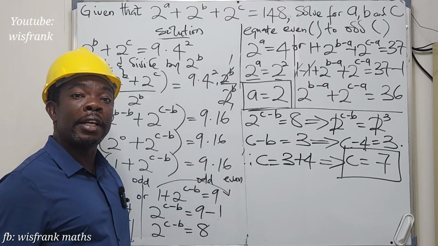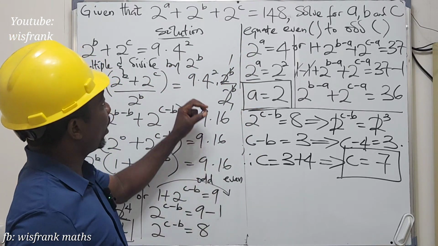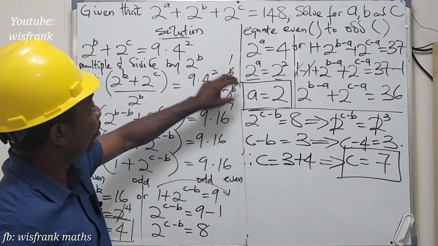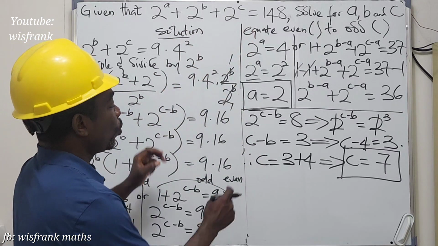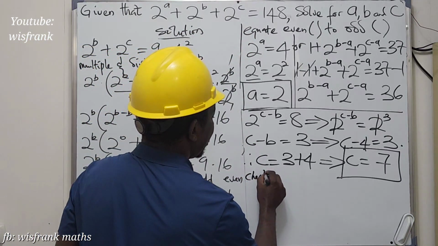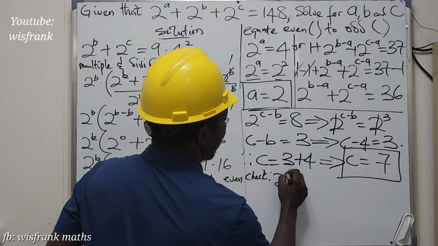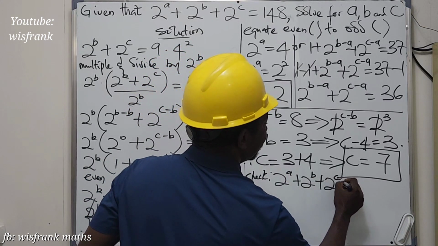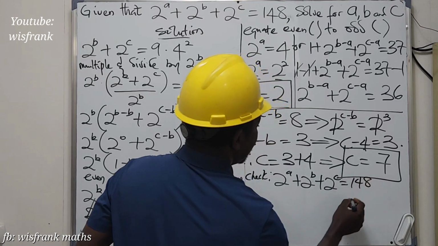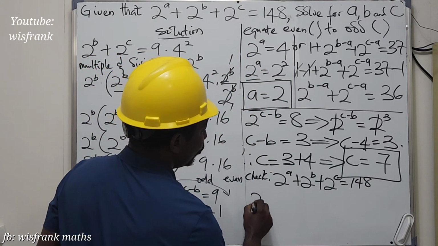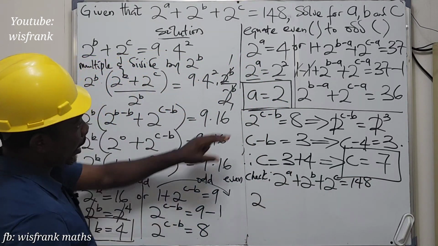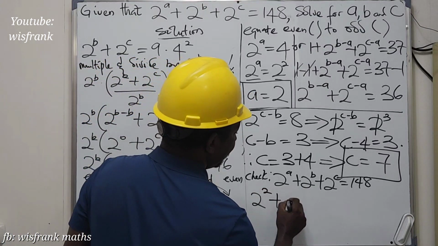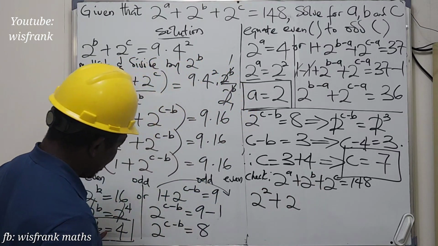But we can do a very little check to see whether these values satisfy the equation. We say check, where we have 2 to the power of a plus 2 to the power of b plus 2 to the power of c equals 148. So we have 2 to the power of a, our a is 2. Then 2 to the power of b, our b is 4.